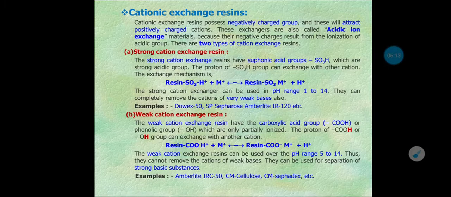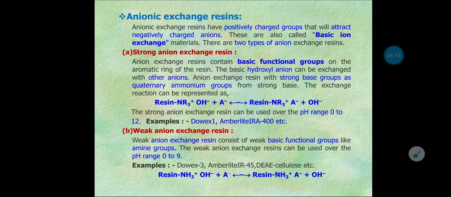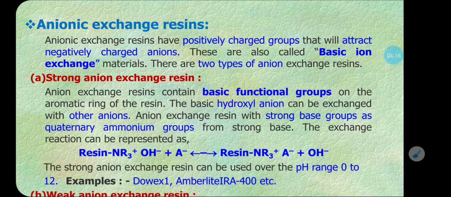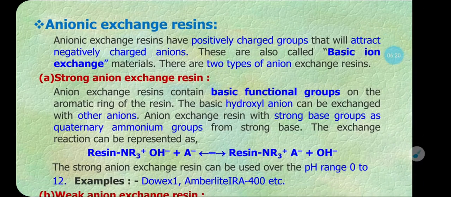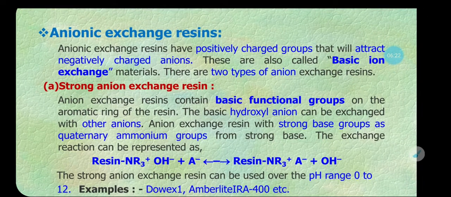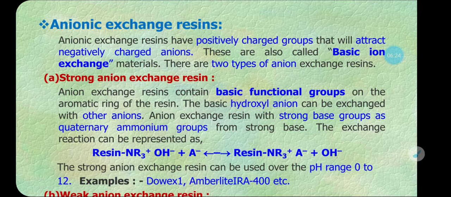Similarly, there is a second type of stationary phase, that is anion exchange resin. Anion exchange resin has positively charged group that will attract a negatively charged anion.